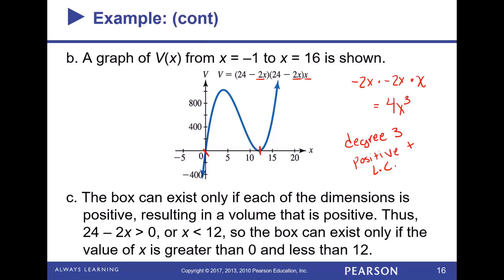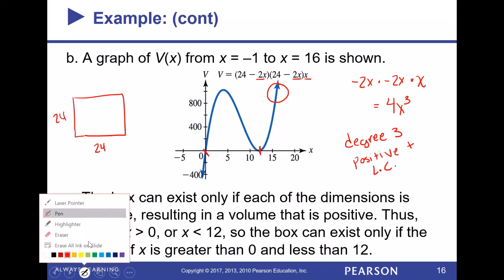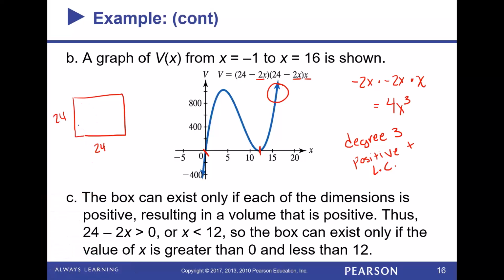Now, why is 12 the limit there? We can see on the graph here that the volume does go up here, but this part of the volume is not going to exist because, remember, our original box was 24 by 24. If I cut 13 here, I'm going to have to do the same cut on this side, which is 13. They're going to overlap. Because I only have 24 inches to cut out of, 13 plus 13 is 26.